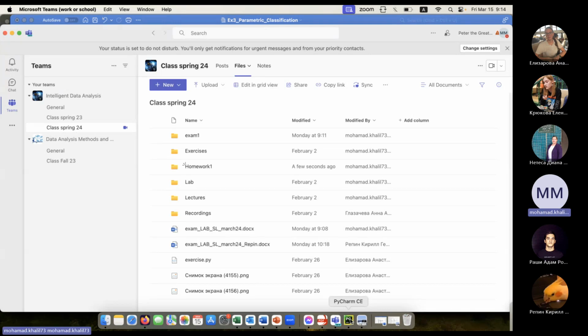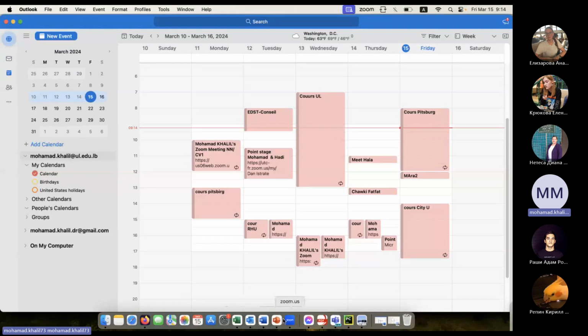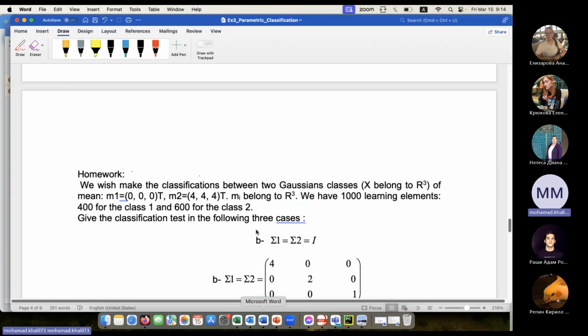So I don't want to take only this grade. I will put zeros for all the people who copied from ChatGPT. Please help yourselves by doing the homeworks and uploading them here in the file.